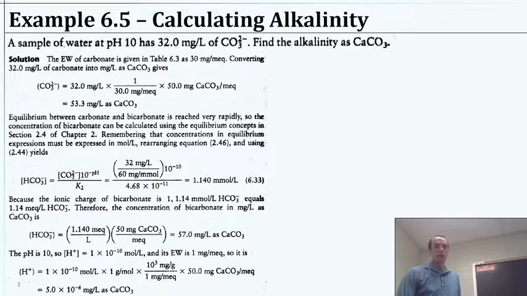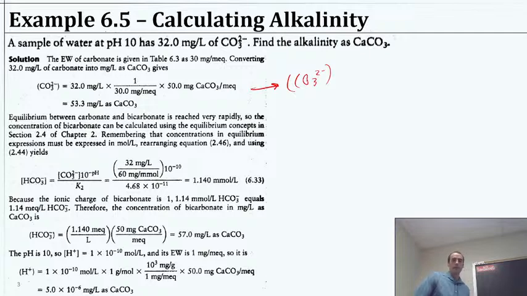Then we can convert the 32 milligrams per liter we were given by dividing it by the 30 milligrams per milliequivalent and multiplying that by the 50 milligrams per milliequivalent of CaCO3. That directly gets us a value for CO3 2 minus that we could use in the alkalinity that's already converted to the charge, right? That gets us there right away. They find that at 53.3 milligrams per liter as CaCO3.